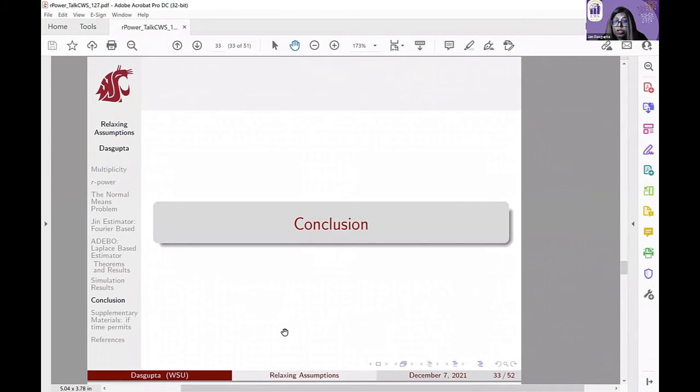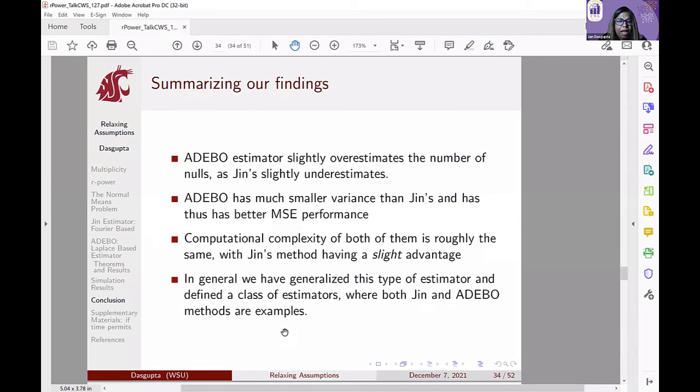So what I'm going to do is conclude this, and if people have time and energy, we can talk about the dependence piece, but otherwise we can stop. So what were our findings?